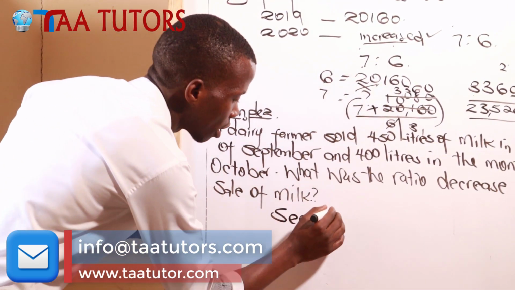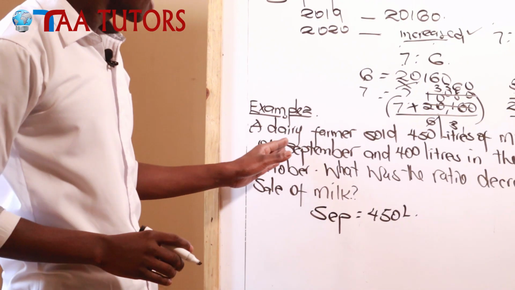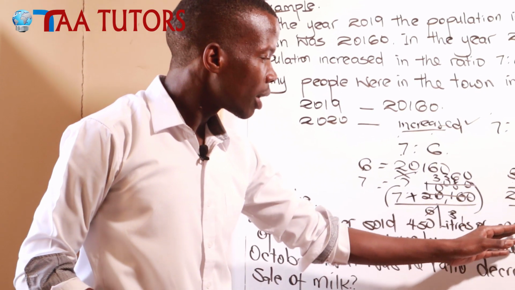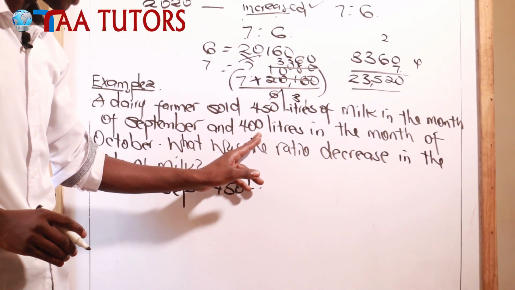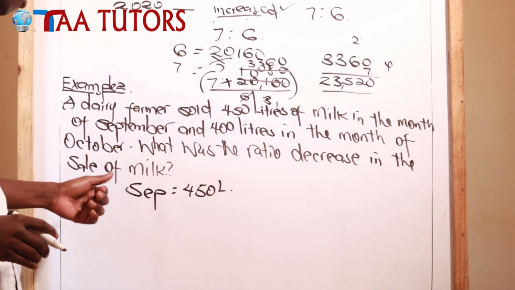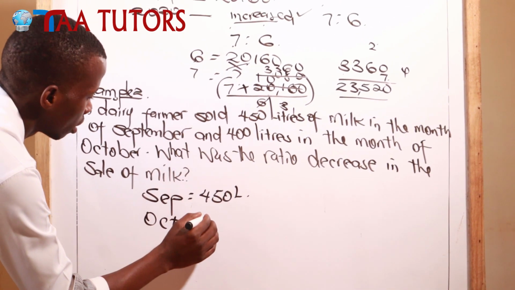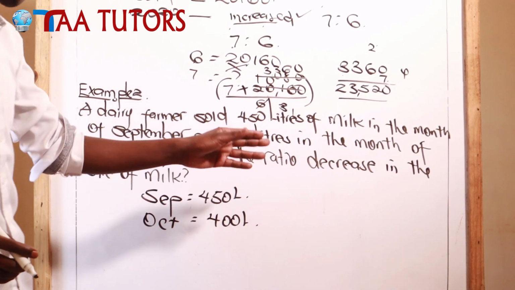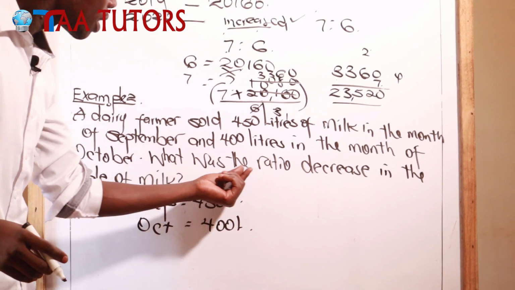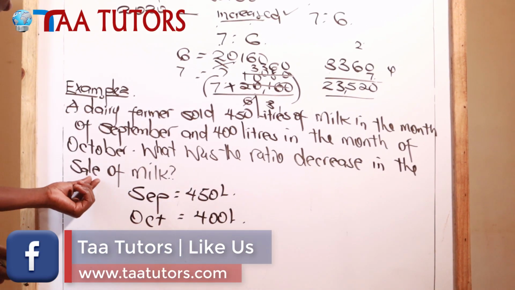A dairy farmer sold 450 liters of milk in the month of September and 400 liters in the month of October. What was the ratio decrease in the sale of the milk?